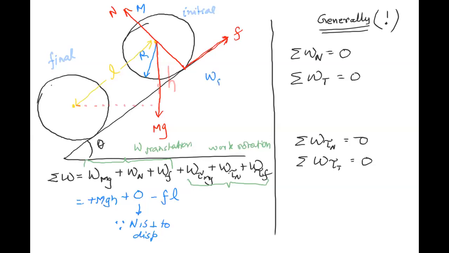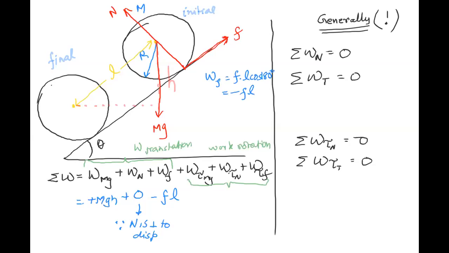Because friction force is constant, it is not varying. Work done by this friction force must be force multiplied by displacement multiplied by cosine of the angle between force and displacement, which is 180. Therefore, work done by friction is equal to minus FL.